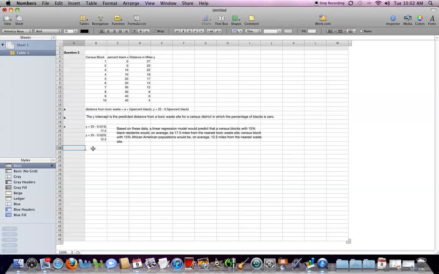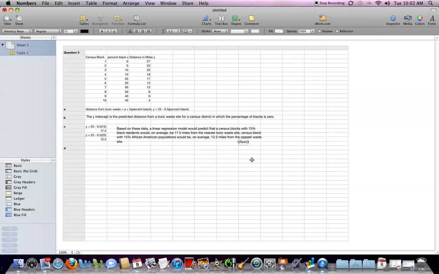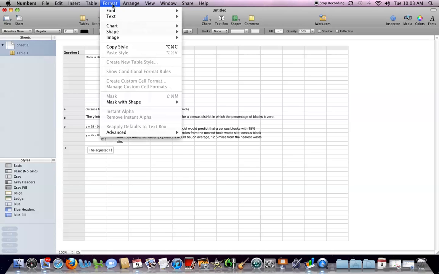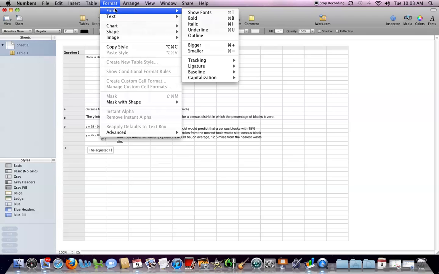Interpreting an R-square. Oh, and I'm going to do this so it looks cool.